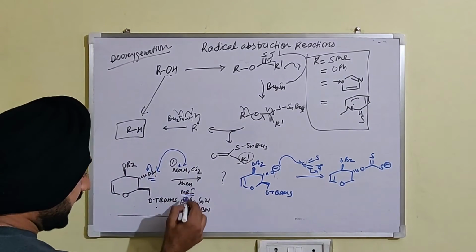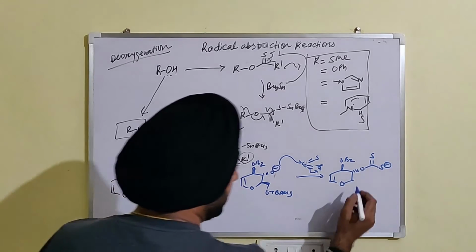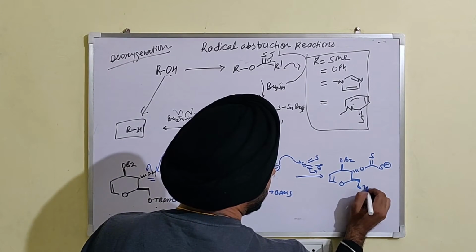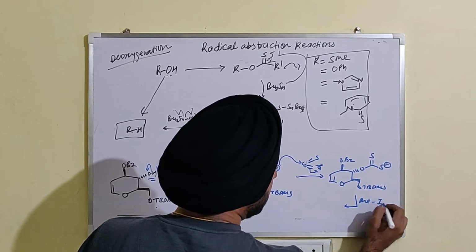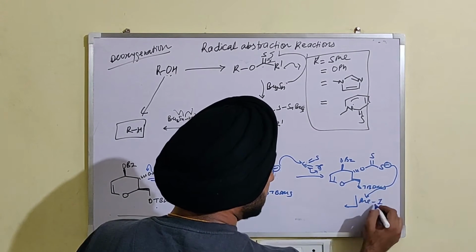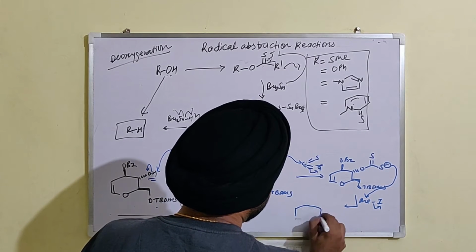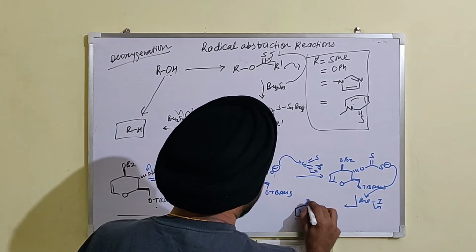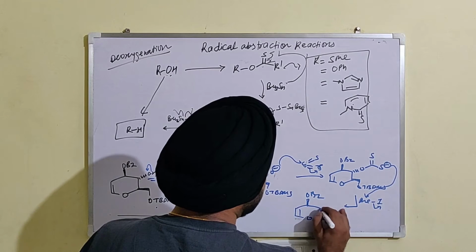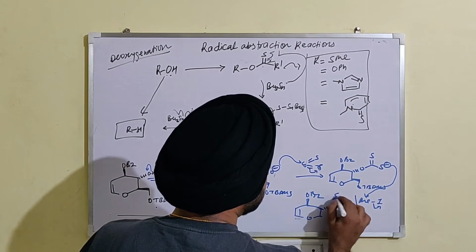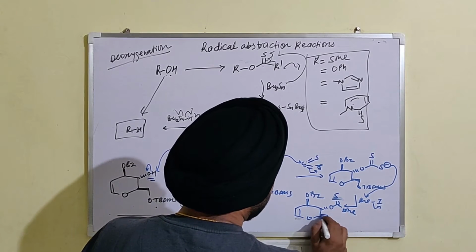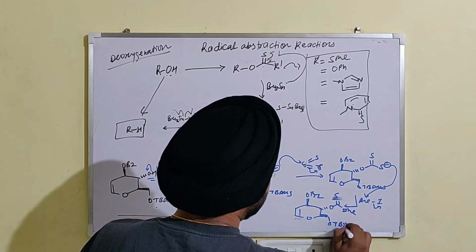Then we add methyl iodide into the media. Once we add methyl iodide, this S attacks the methyl and releases iodide. So this is what we end up forming: BZ O, S SME, and here we have TBDMS.